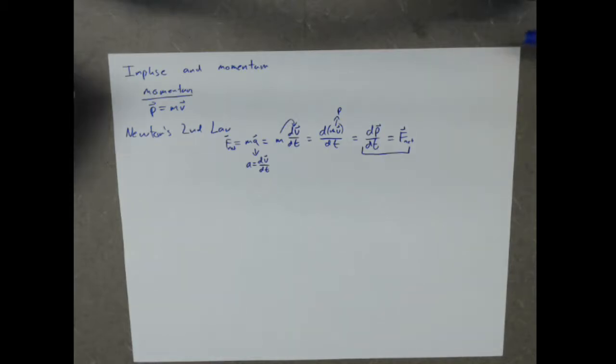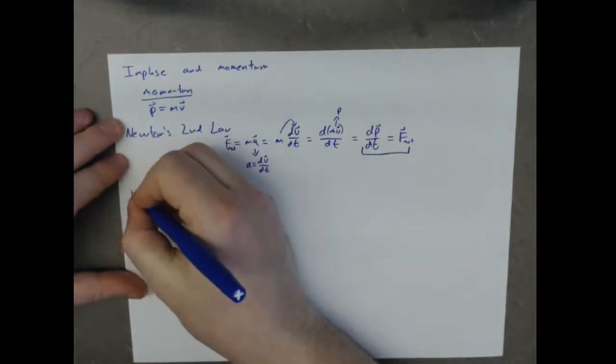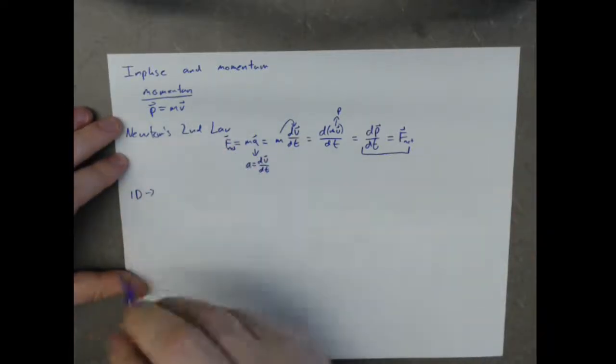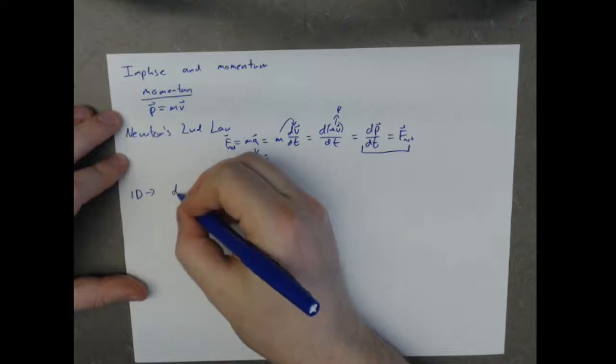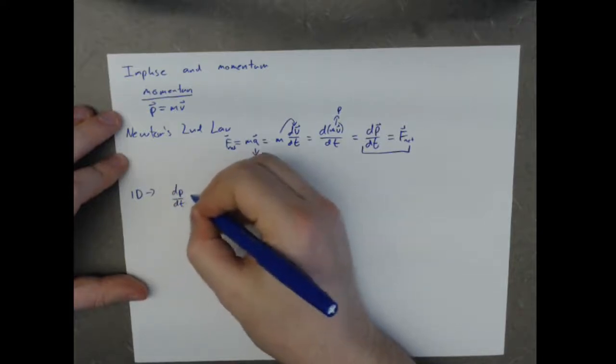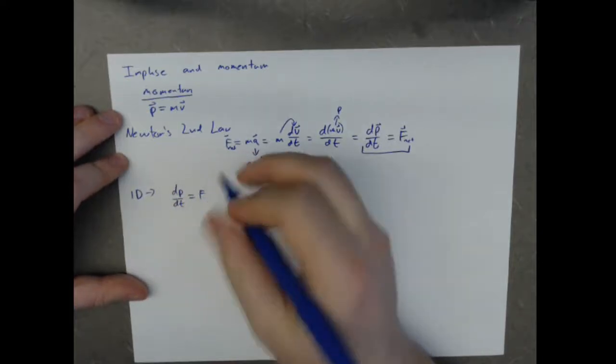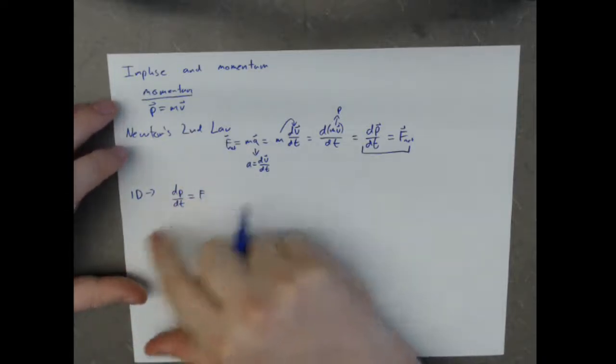Now, if we're going to just think about one dimension for now, because as we've been doing in the past, we start in one dimension and we'll work our way up into multiple dimensions. So starting with one dimension, that's where we have dp/dt equals F, and we'll think about just one force.